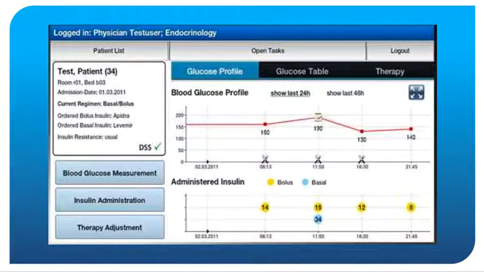So this is actually a graphical representation of a clinical decision support system, and in this case, it is a system that tracks blood glucose and insulin for clinicians in the hospital.